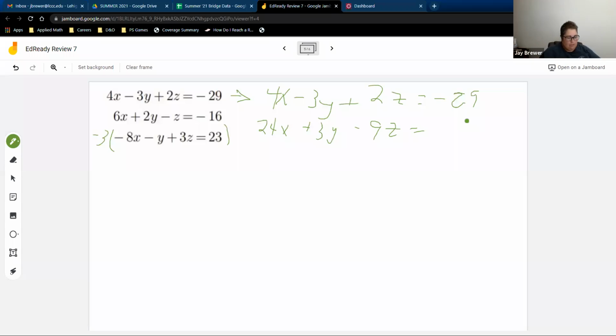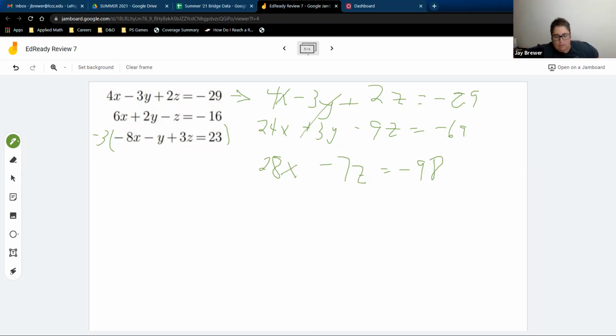Let me get my calculator out for it. 23 and negative 3 will give us negative 69. I should have remembered that from basic math. Okay, so the y's cancel, and we get 28x minus 7z equals negative 29 plus negative 69 is negative 98.